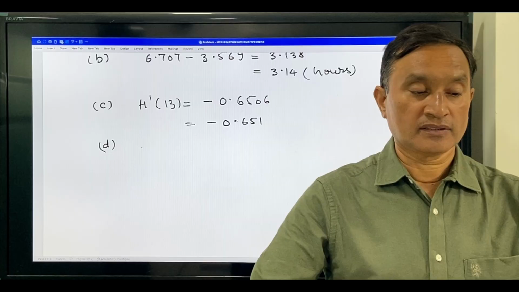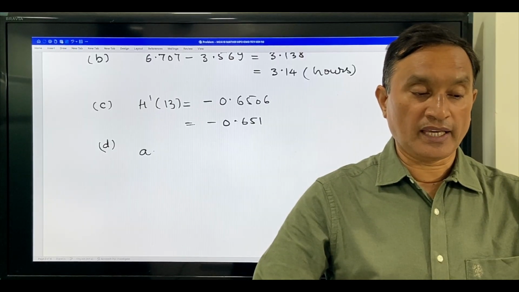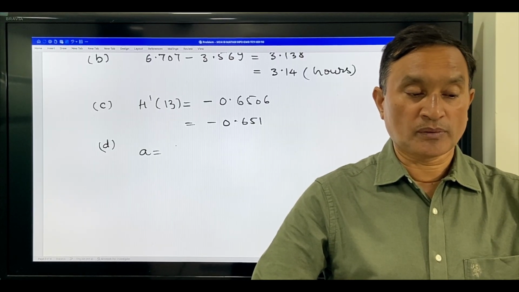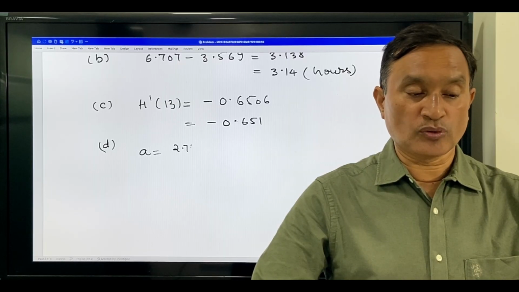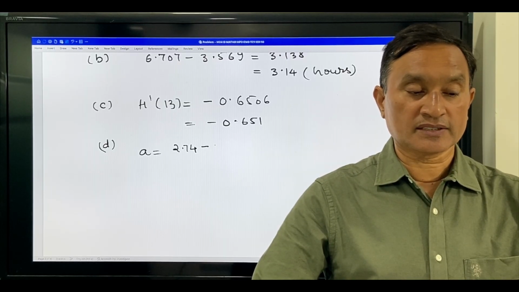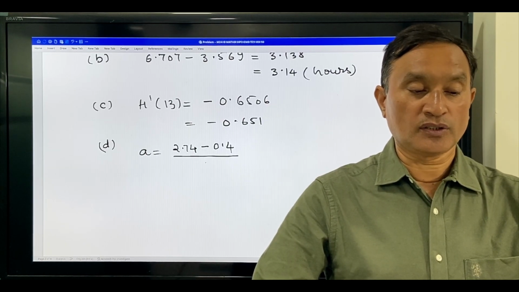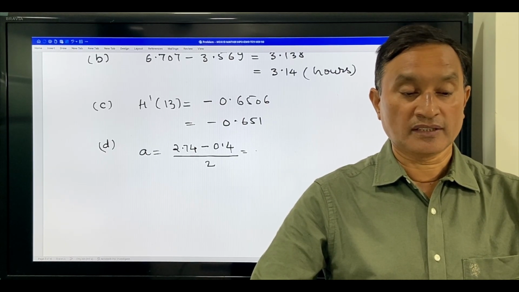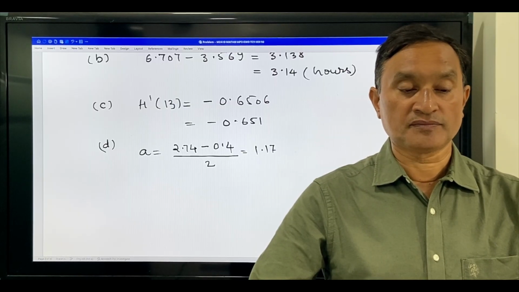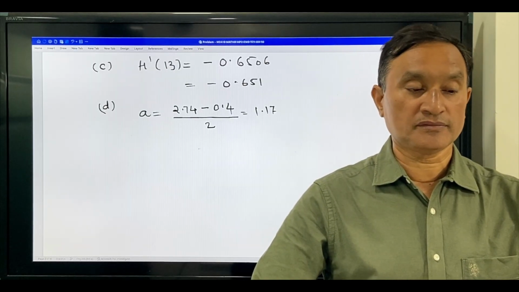So here for the value of A, the maximum value, which is 2.74 minus 0.4 divided by 2, so this would be 1.17. This is your amplitude.